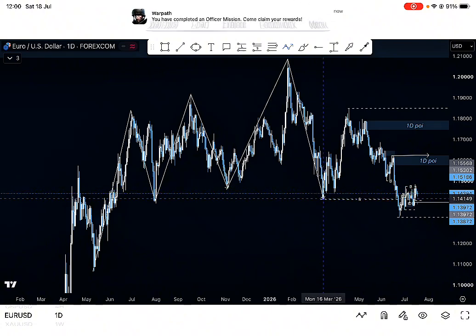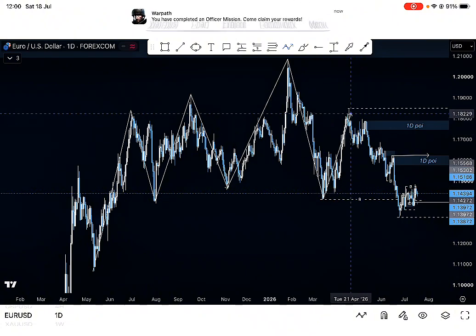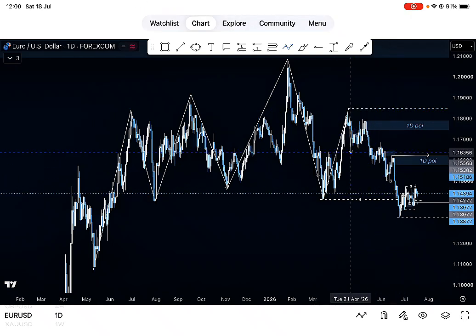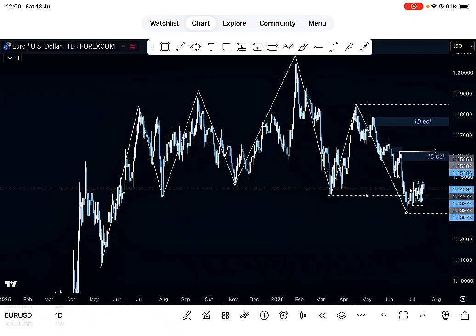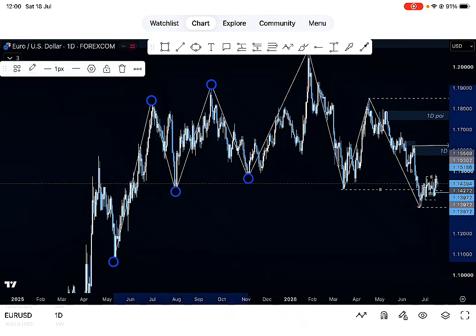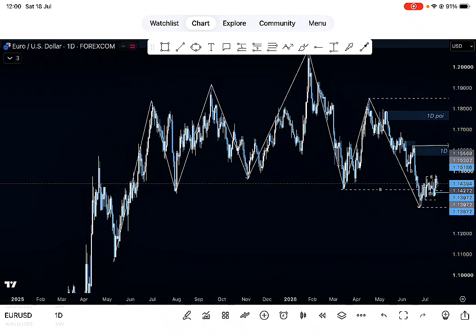So this is a low, and we made a high, and we respected the new trend. This is proof that the trend has changed completely on the daily time frame. You see here, we were making lower low, lower high, and then we broke this structure.